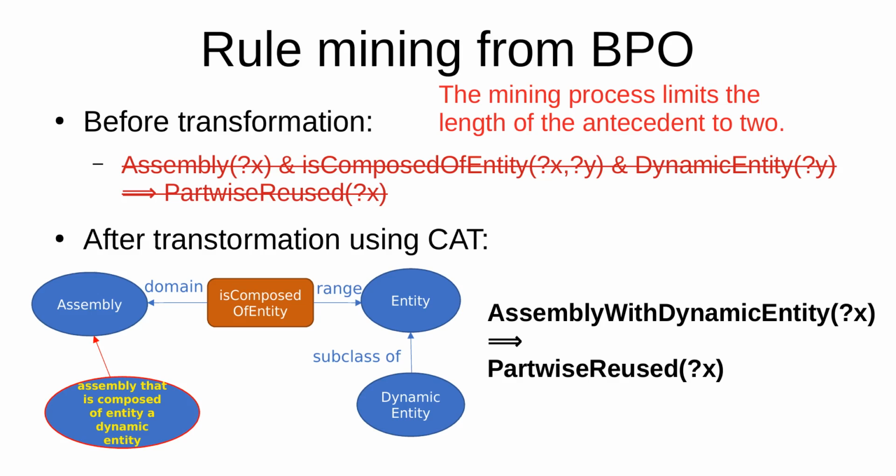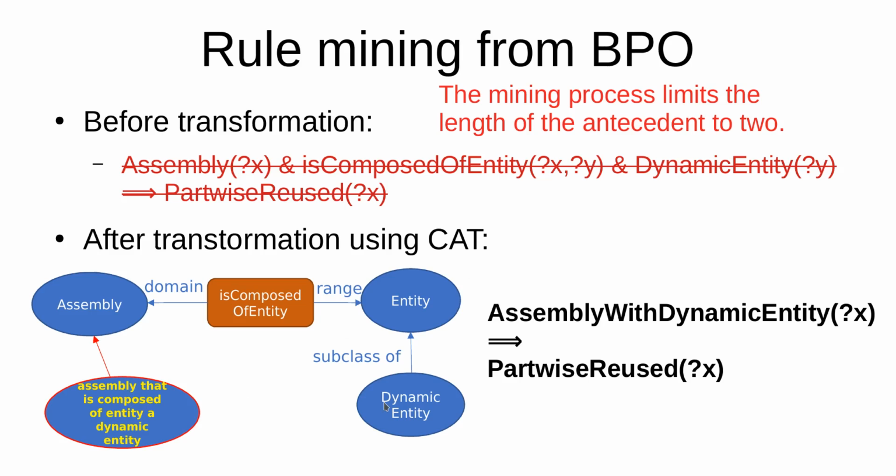And we can return to our rule mining use case, where we already showed that if the mining process is limited to a certain length of antecedent, then this could be a solution, because by applying this transformation pattern, we can get a new entity which is a subclass of assembly. That resembles the previous longer structure, but it is not very nicely named.